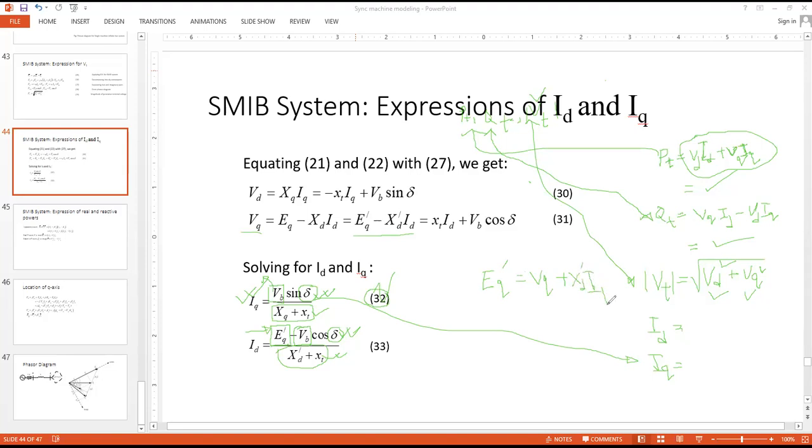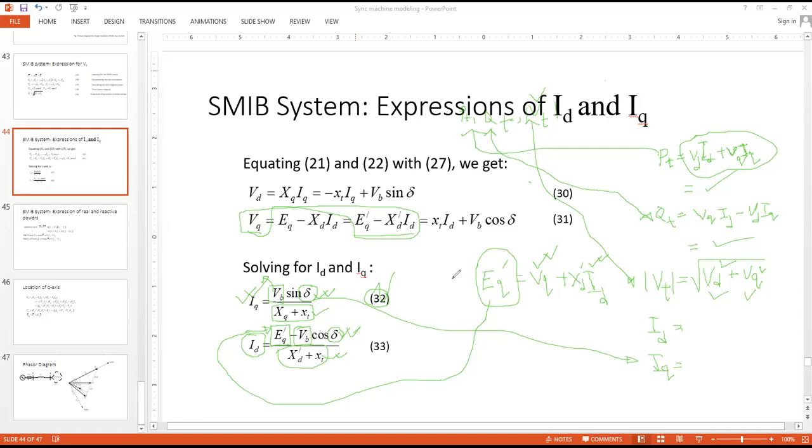We are using this relation. So I need EQ dash. This VQ should be taken from the phasor diagram, and ID taken from the phasor diagram. You calculate EQ dash, and that phasor-diagram-calculated value of EQ dash, you plug it here. Then you see whether this ID and the phasor diagram ID match or not.